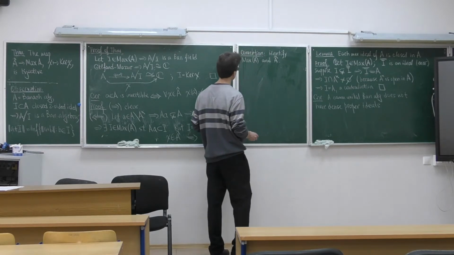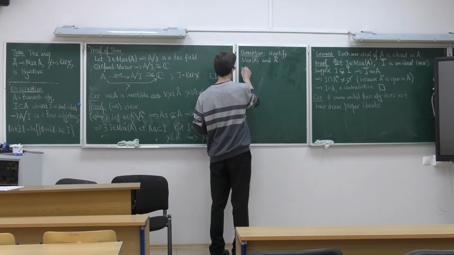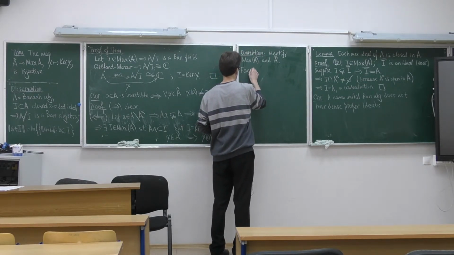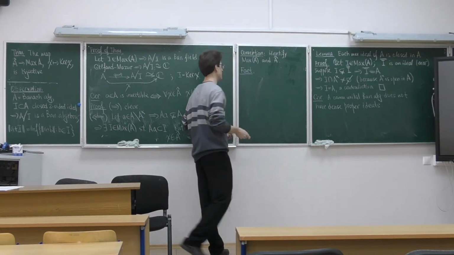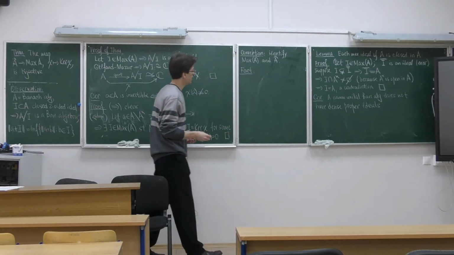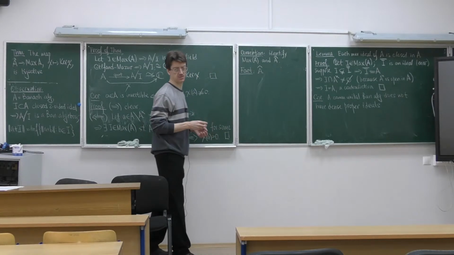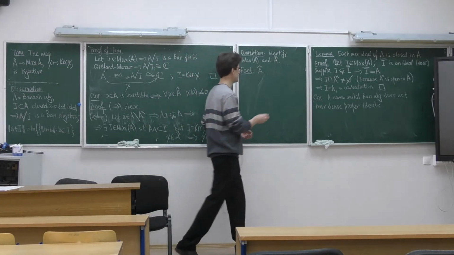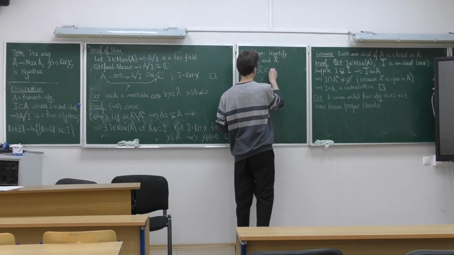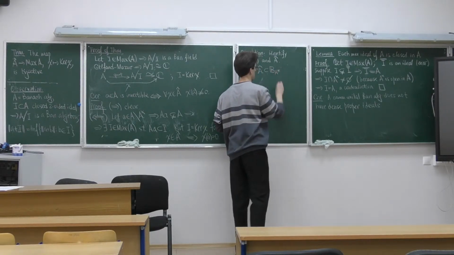Okay, let's now recall the following basic fact from Banach algebra theory, which states that all characters of a unital Banach algebra are continuous, and moreover they are contained in the closed unit ball of the dual space.